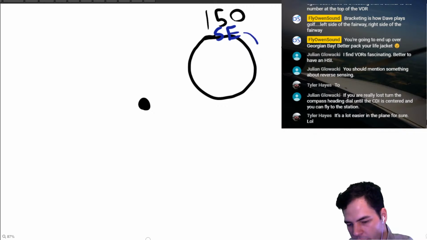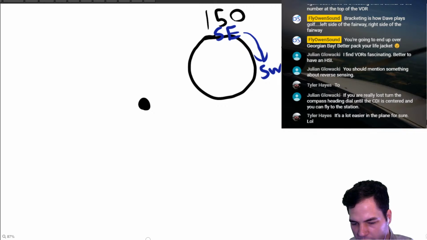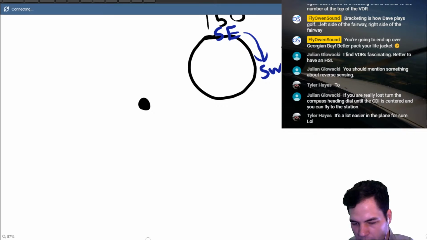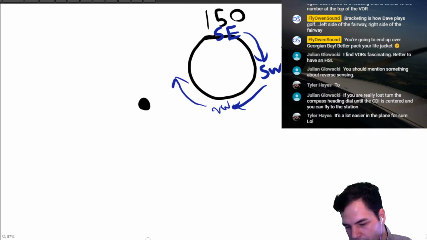As we continue around our OBS dial, we're going southeast, and then southwest 90 degrees later, and we keep on going. We're going northwest 90 degrees later, then northeast, and then back to southeast.